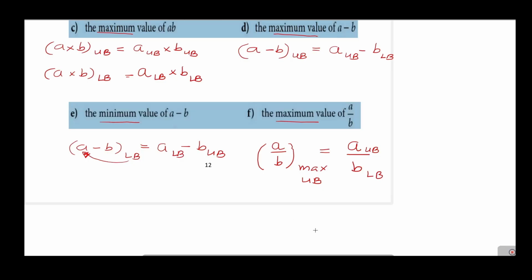It means if you're starting off with upper bound, the numerator has to be upper bound, then the denominator has to be lower bound. If it is A over B, lower bound, then the final answer has to be lower bound. Then you gotta start off with the lower bound of the numerator. Then denominator would be upper bound. That's how we apply this division and subtraction.